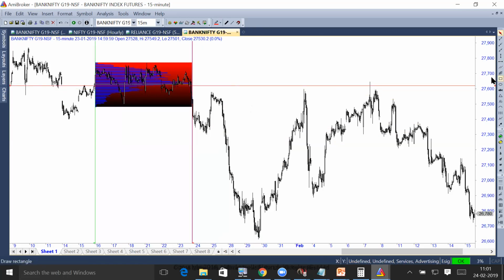You see here, a price point is getting rejected over there. So wherever the price is getting rejected, one can initiate a short over there.